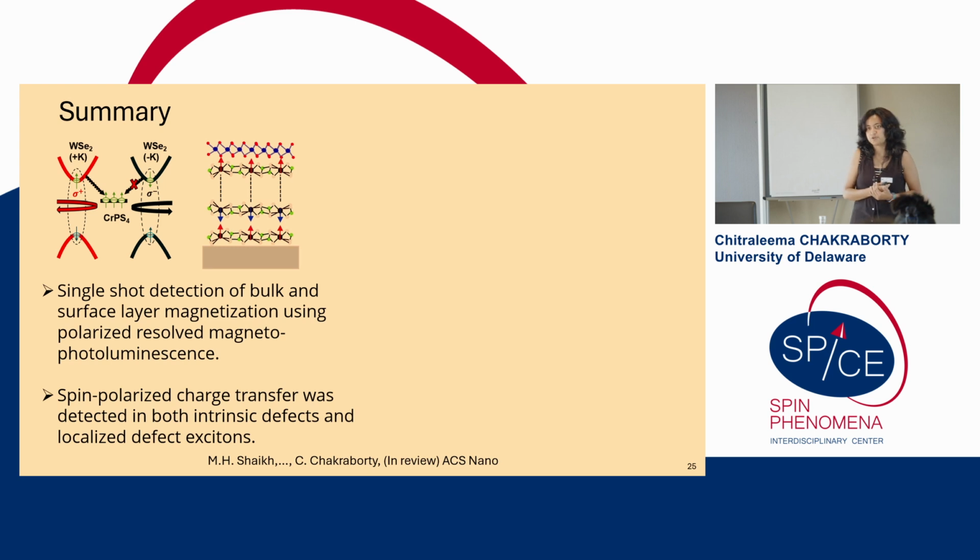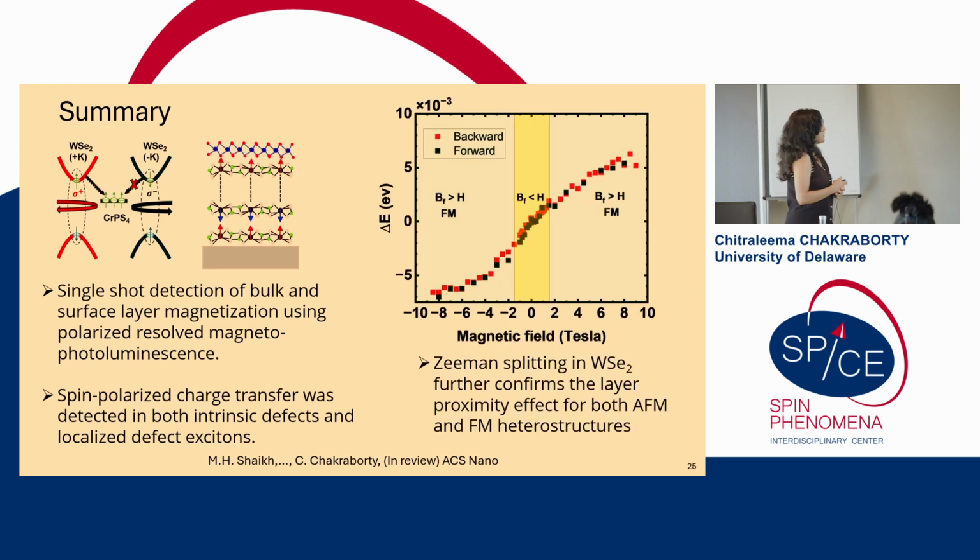We leveraged spin polarized charge transfer to demonstrate that you can use both intrinsic defects and localized defects with different spatial resolution to read out this magnetization property. Further, we showed that you can use Zeeman splitting as an indicator to confirm that you are in fact reading just the surface level magnetization, and the contribution from bulk is only there in the bulk PL of the CrPS4 and not from the tungsten diselenide sensing layer.